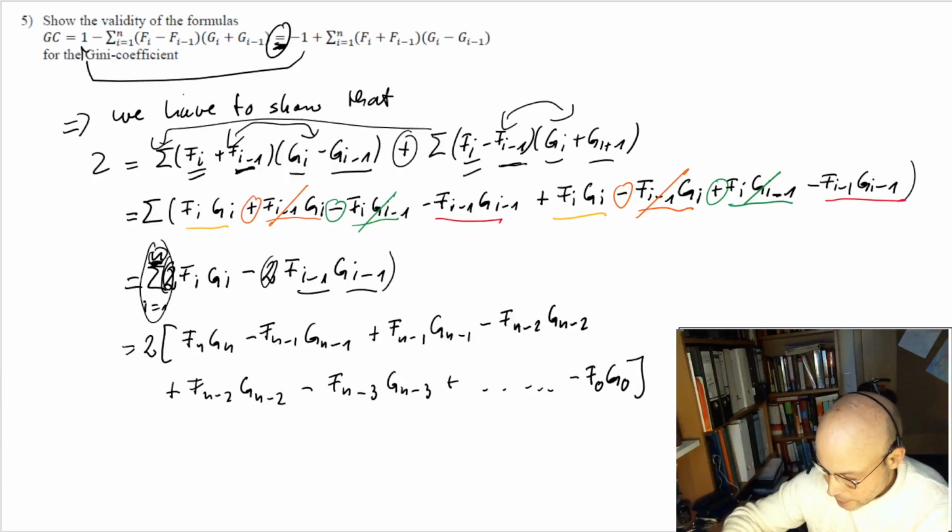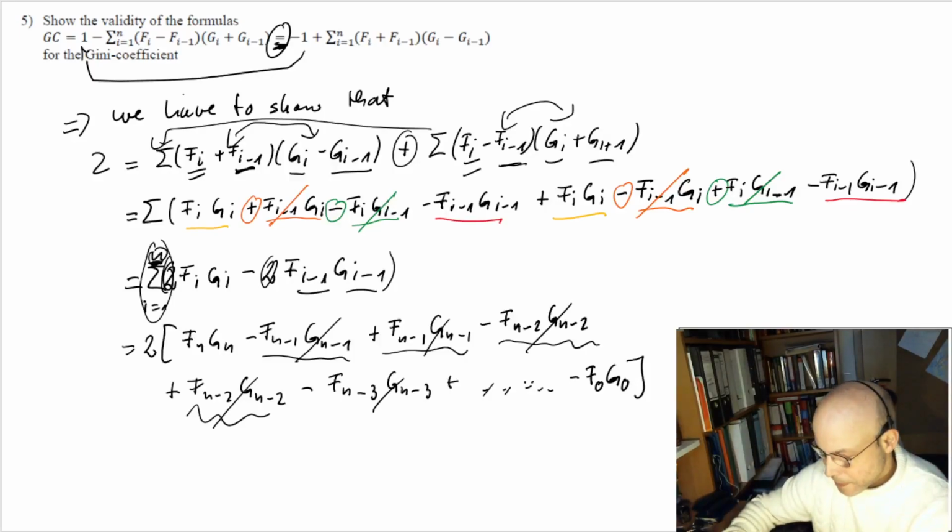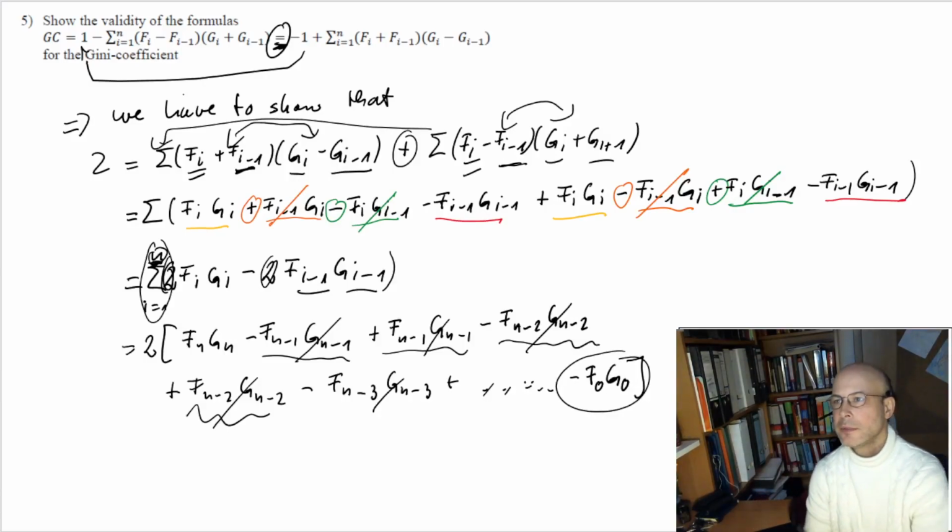And again this one and this one cancel. This one and this one cancel, and so on. And we are left with f_n g_n and f0 g0.